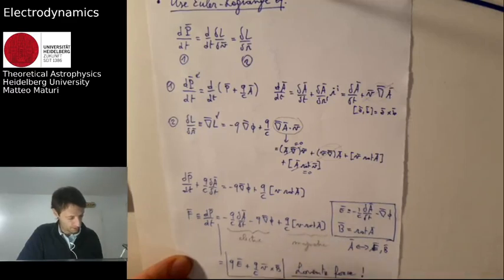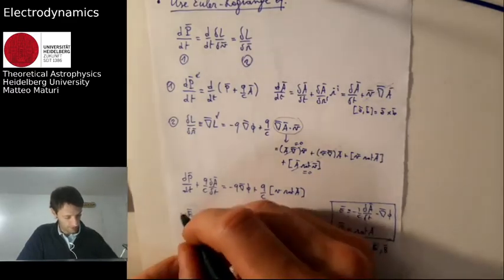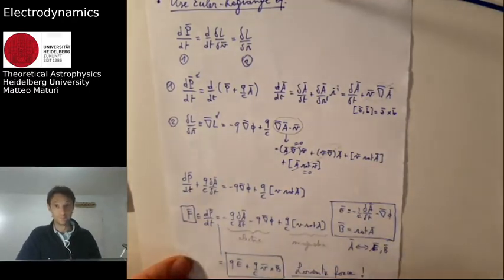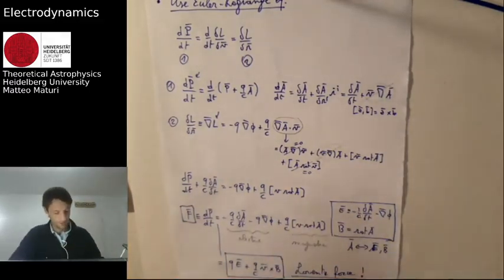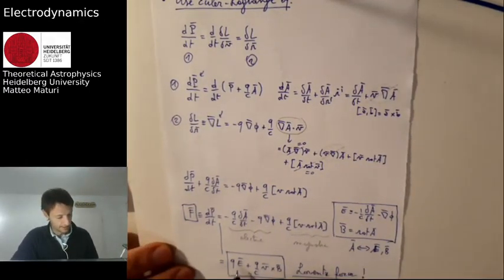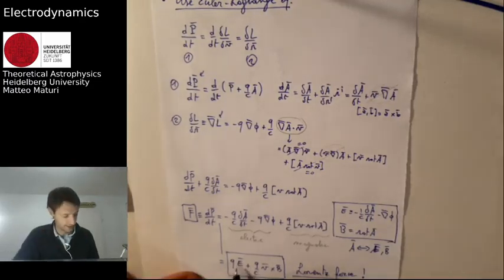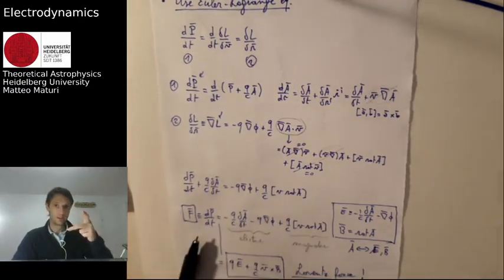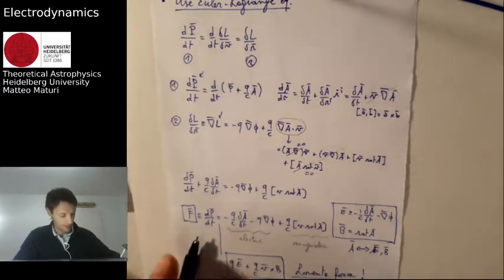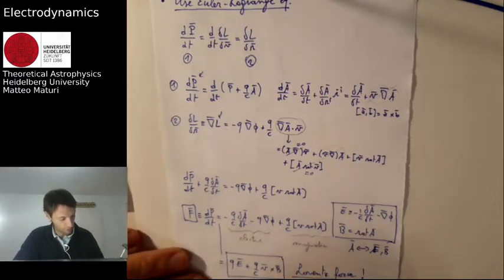Okay, print this equation with ink of fire in your brain. So you basically see that there is the contribution of the electric field, which is accelerating the particle along the direction of the field, whereas this one is going to be orthogonal to the direction of motion of the particle.